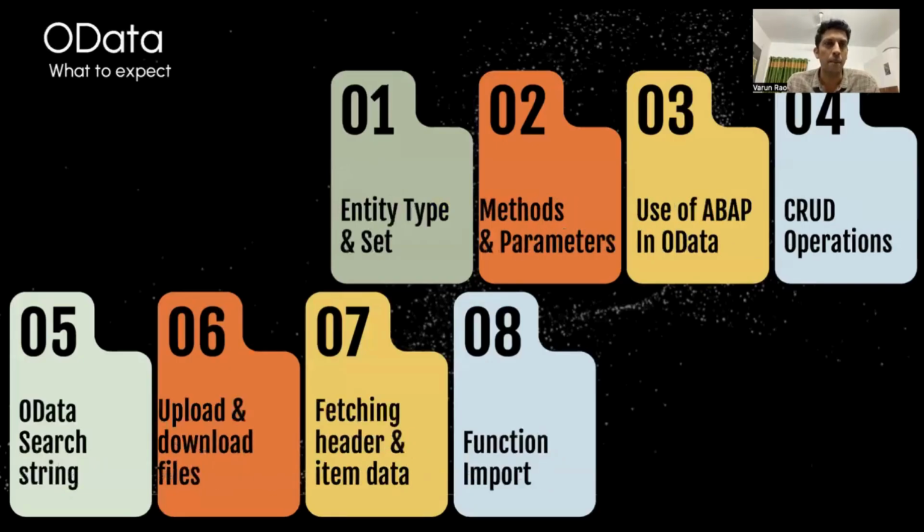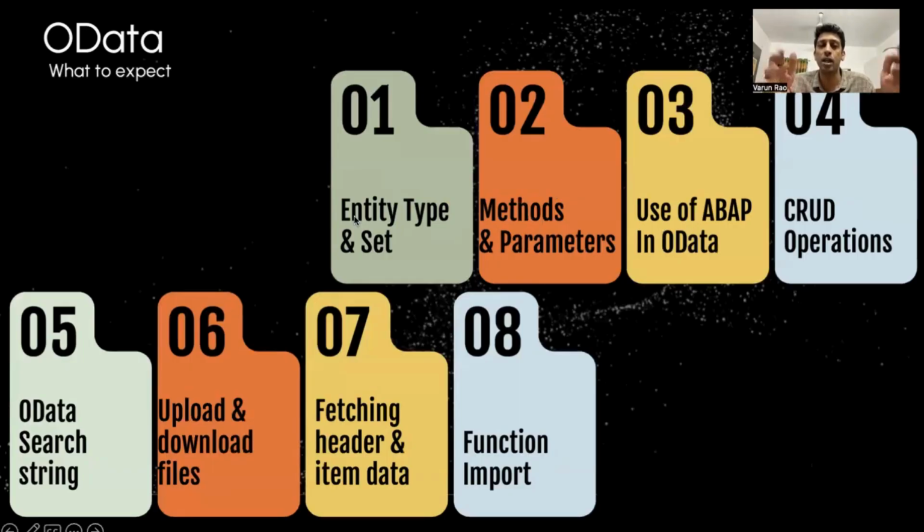But then we have OData. OData is the backend, or OData is like the middleware between ABAP and UI5, right? So we would be seeing how to create a table before we go into an entity type or an entity set in ABAP.